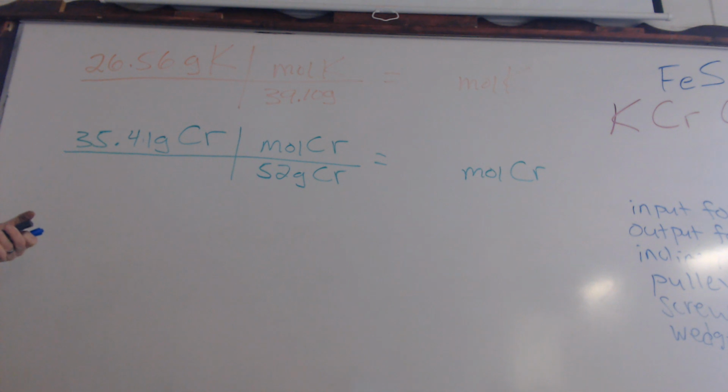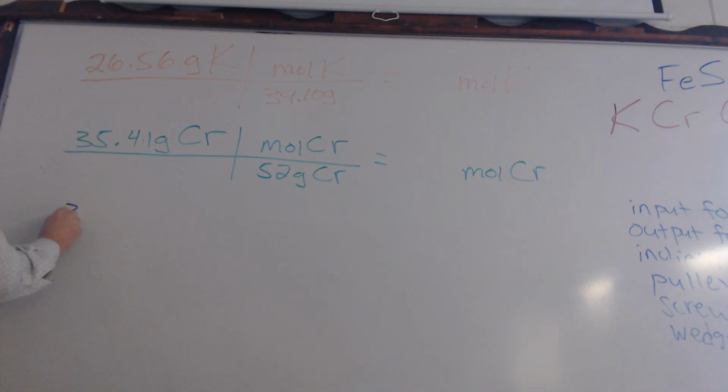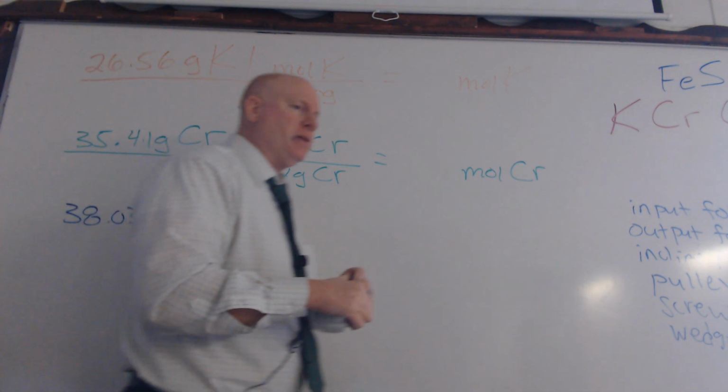And then you can just subtract 100. It's going to give you a negative number, but it's still the right answer. 38.03. 38.03 grams then of what's left over, which is oxygen. Convert that now to grams of oxygen.